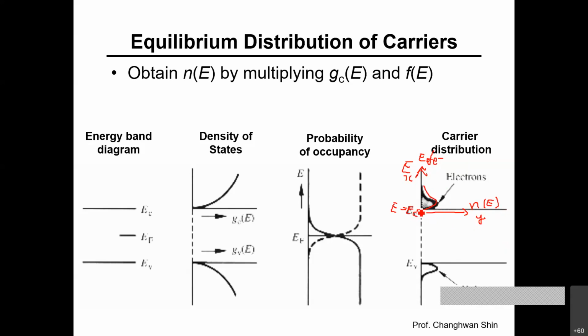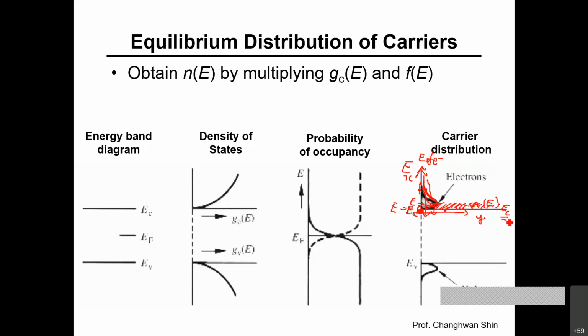But if you slightly increase the energy level that you are interested in, the number of electrons is quite high, a lot. But if you go up more, the number of electrons is exponentially decaying, exponentially decreasing a lot. So here, physically, most of the electrons will be available near the conduction band edge.